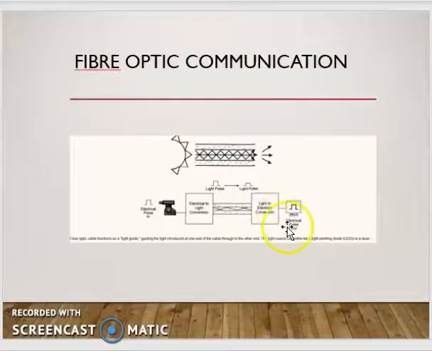The electrical receiver is used for electrical interfacing at the receiver end of the optical link and to perform the signal processing electrically. Destination is the final point at which we receive the information in the form of electrical signal. This is the fiber optical communication system.